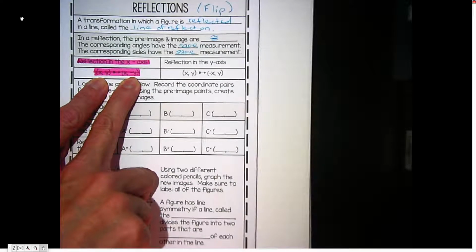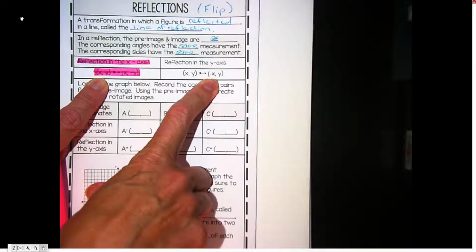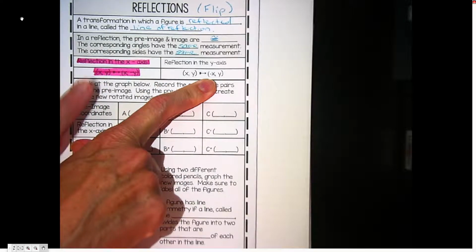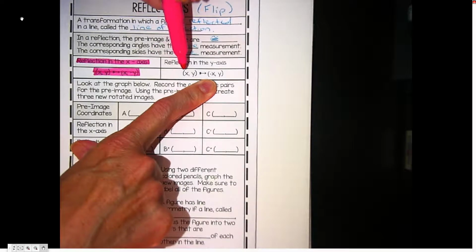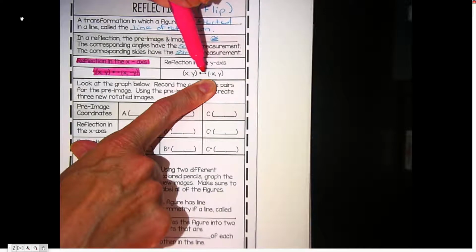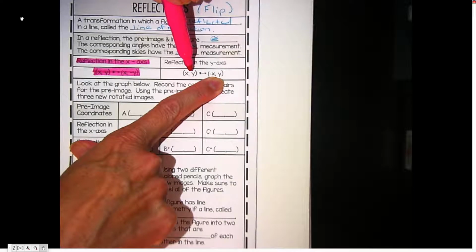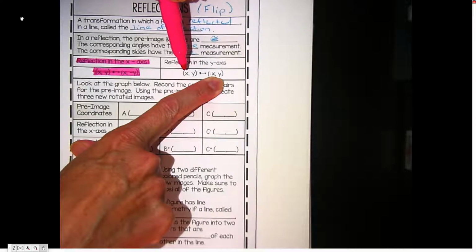That's all that happens. Now, if we're reflecting across the y-axis, the opposite is true. We're moving it horizontally, and I'll show you that in just a minute on a coordinate plane. But if I move it horizontally, well, my x-coordinate is what controls horizontal movement, so I'm going to change the x-coordinate. If you notice, the y-coordinate doesn't change at all. So if I have 3, 2, that becomes negative 3, 2.